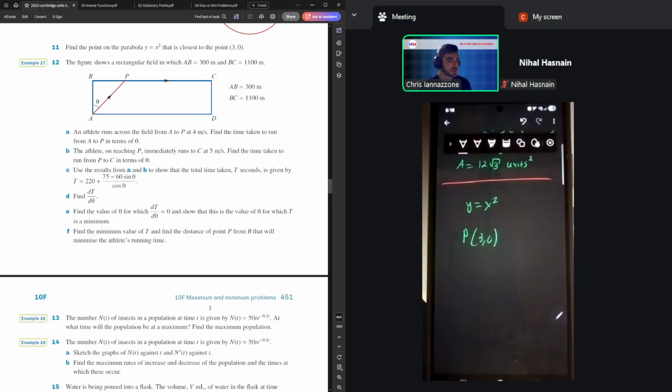Pictures can certainly help if you're fully stuck on what to do.